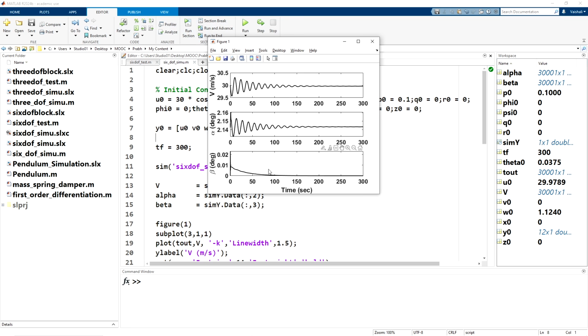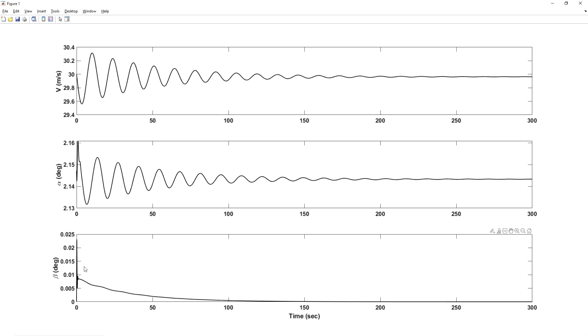So here we observe again perturbation in one lateral variable will instigate perturbation in another variable. That is, now here the perturbation is in side slip angle beta. V is again still going towards 30 meters per second, and alpha is around 2.14 degrees.